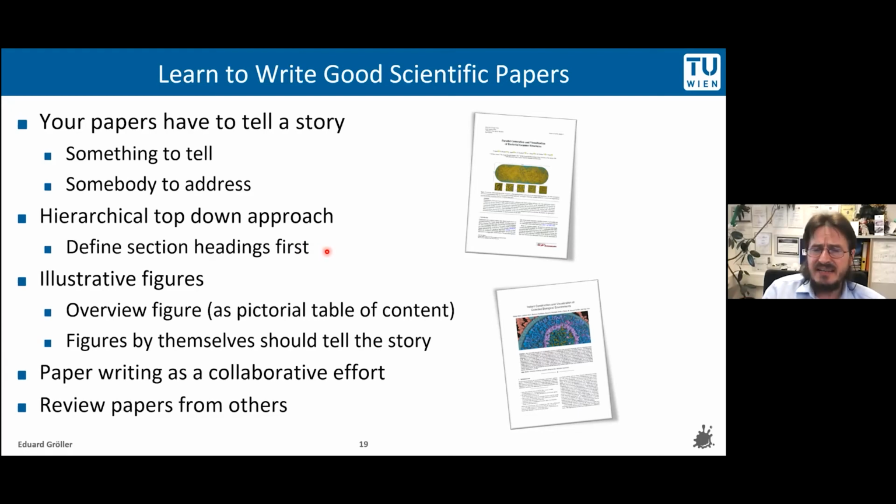The state of the art cannot be 5 pages in a 10-page paper, for example. Then think about which figures you are including. Actually, you should include figures, and the major components in your paper should be represented by a figure. And just looking at the figures and the captions, your story should be told.